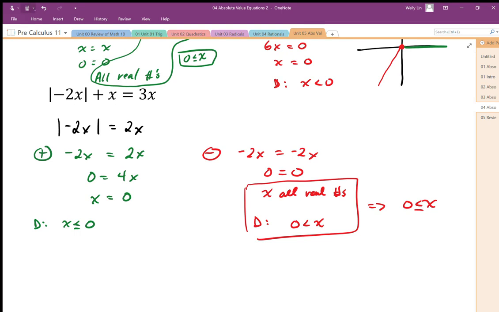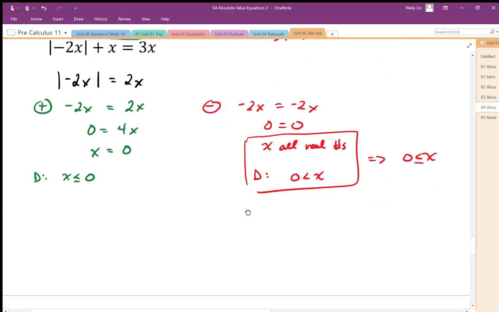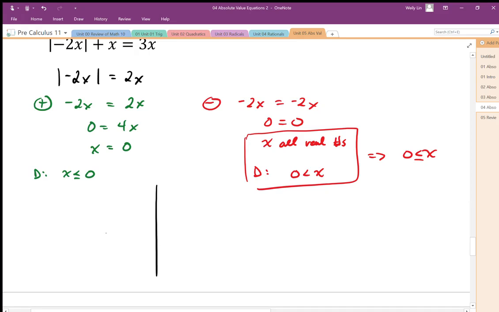So our graphs are going to then look like this. If I were to sketch this, and again I encourage you to do this on Desmos, if I were to graph this function, negative 2x minus absolute value of negative 2x minus 2x equals 0, you would end up with a graph that looks like this.